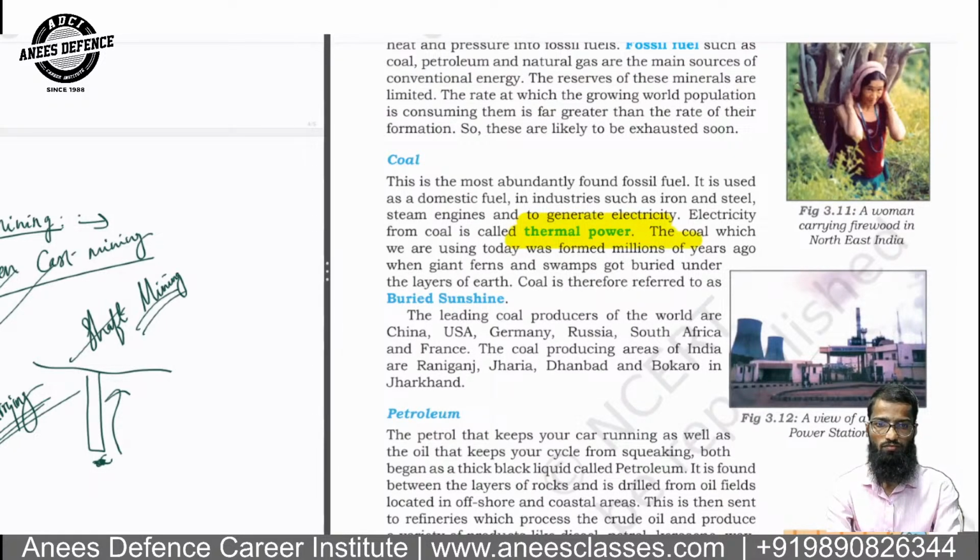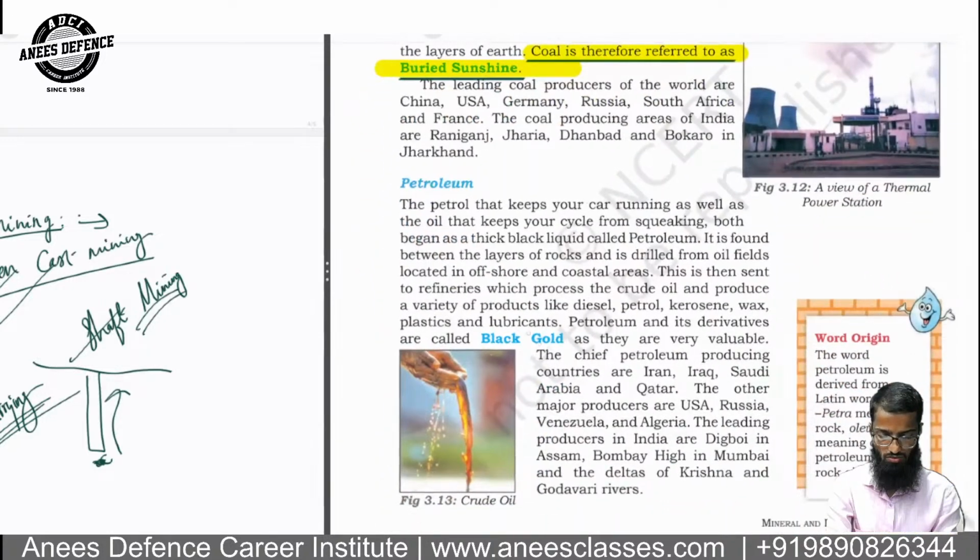So coal is also called as the what? Buried sunshine. Okay. It is also called buried sunshine. Petroleum is actually called black gold. Okay. Petroleum is a black gold.